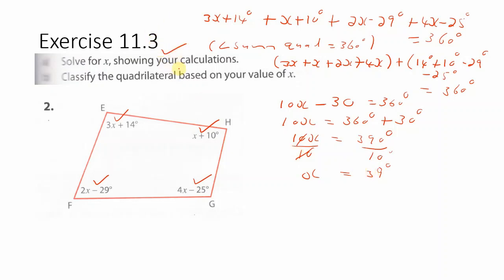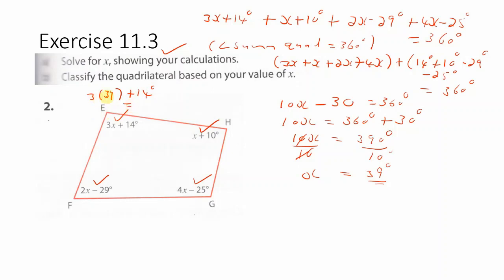So we are done with portion A. Now we need to classify the quadrilateral. So we will have to replace wherever we see x by 39 degrees. So angle E is now 3 times, not x, but 39 in brackets, plus 14 degrees.